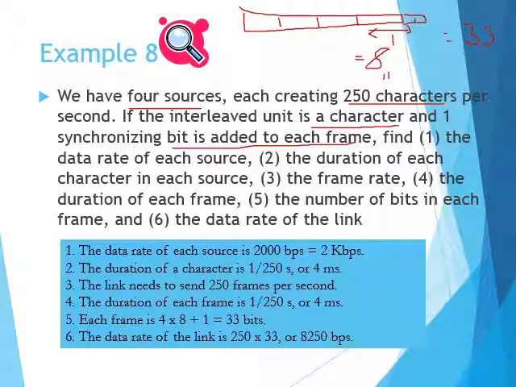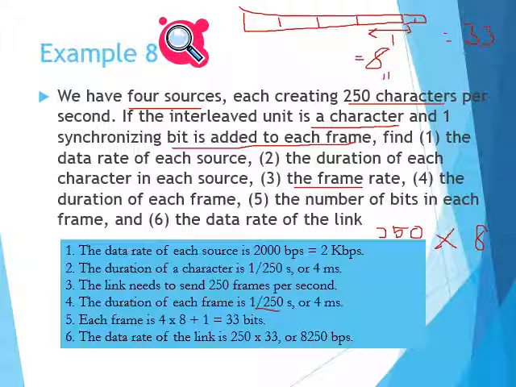Find the data rate of each source. So the answer is 2000 bits per second, which is 250 times 8. The duration of a character is 1 divided by 250. The link needs to send 250 frames per second. This is the frame rate. The duration of each frame is 1 divided by 250.